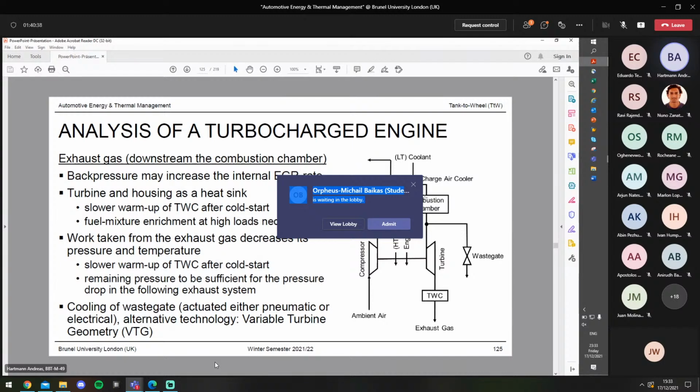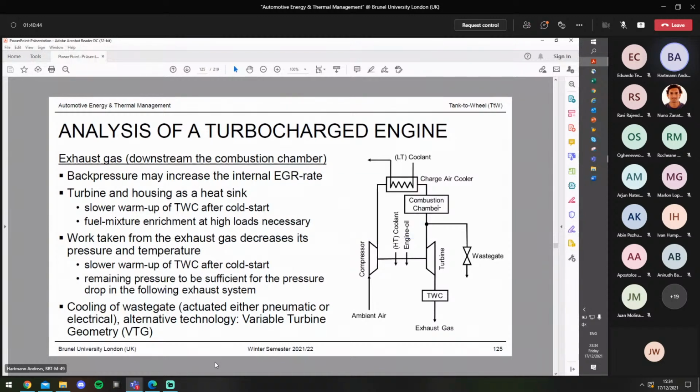You can burn more fuel in the combustion chamber, and you therefore increase the specific power of the engine. And a question to you now is, how does this influence the coolant circuits of the engine?